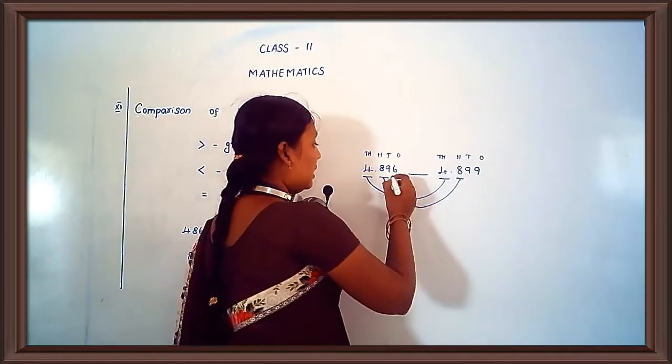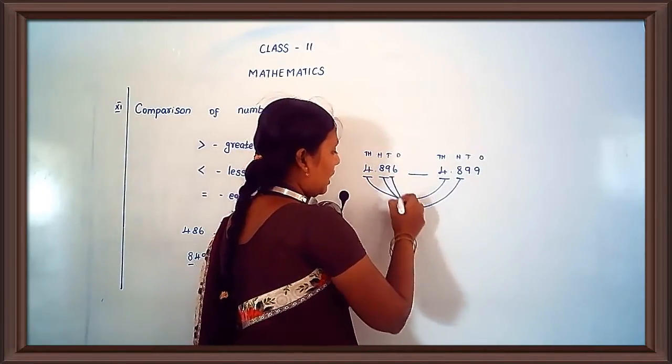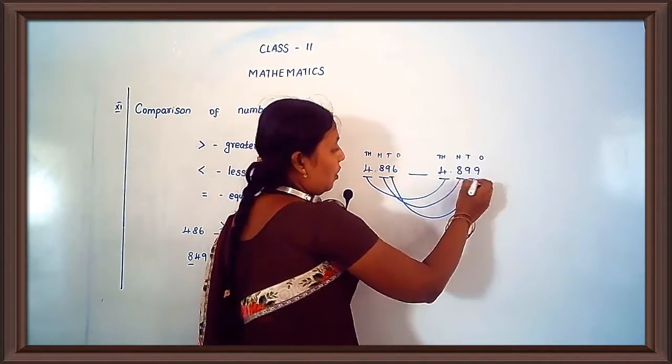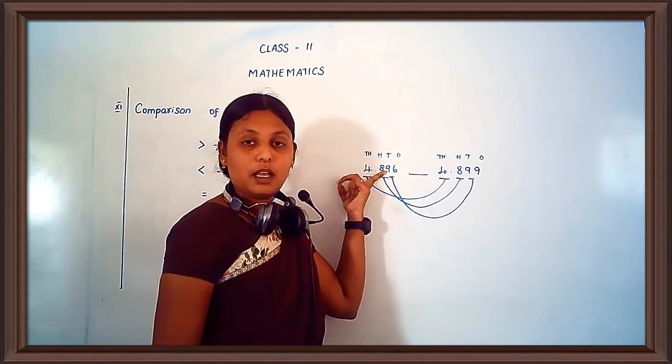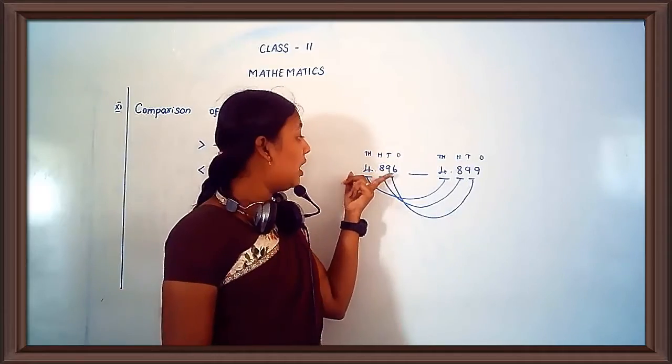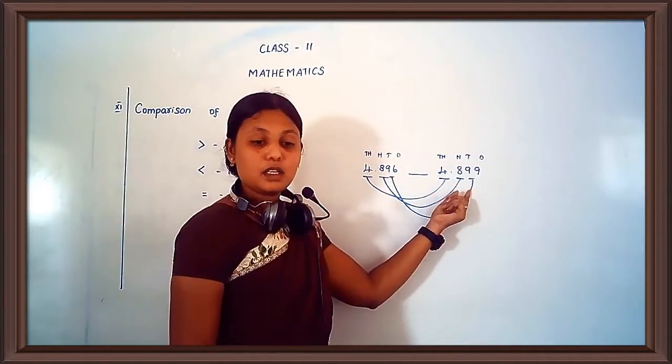Then we have to see the tens place value. 9 tens here, and also 9 tens here. Ten nines are 90. 9 is in the tens place.